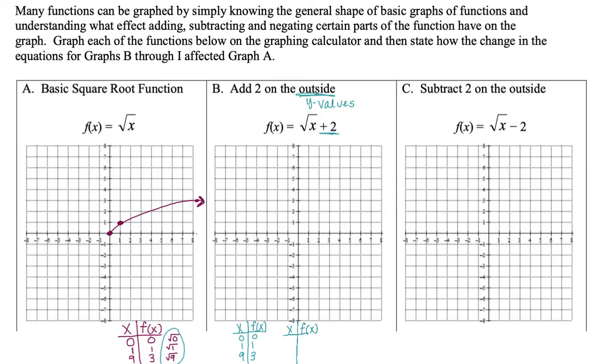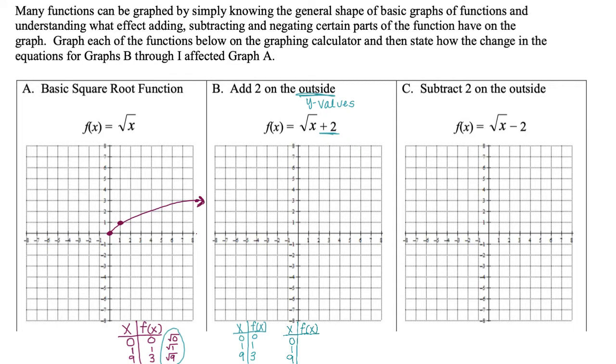So our t-chart for this, if we bring back over our t-chart, x and f of x, and yes, you're going to have to build the t-chart, so please write it. Your x values are still going to be the same. So you're going to have 0, 1, and 9. Because we're adding to the outside, you're adding to the y's, so you need to add 2 to each y value.